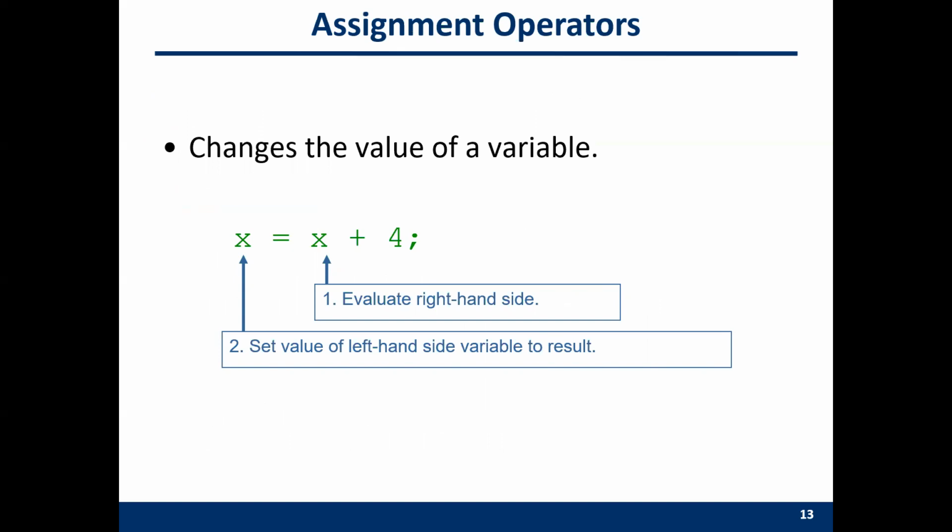We also have the assignment operator. The assignment operator will change the value of some variable. For example, here we first use the x value 4. Then the result will be stored exactly here. We need to evaluate this operator from here, to compute this first and then store the result.